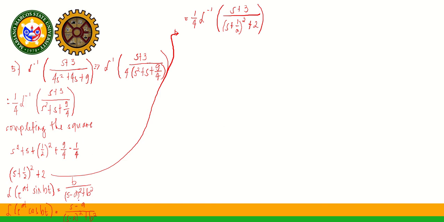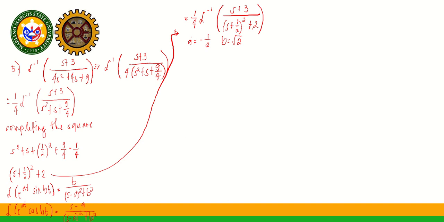Okay, pero yung b natin, determine na natin yung b ha. Since s plus 1 half to and that is s minus a, so yung a pala, hindi b. So yung a natin is equal to negative 1 half, while our b is equal to square root of 2.